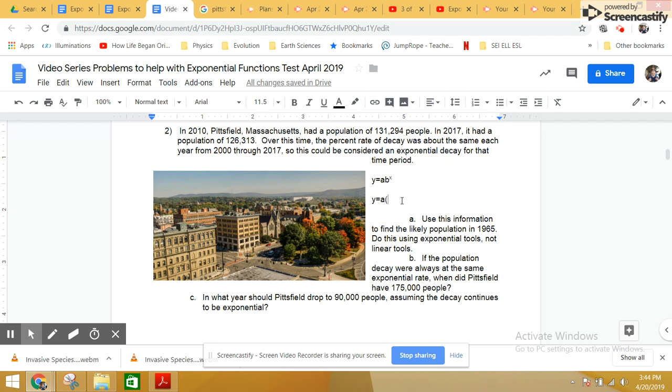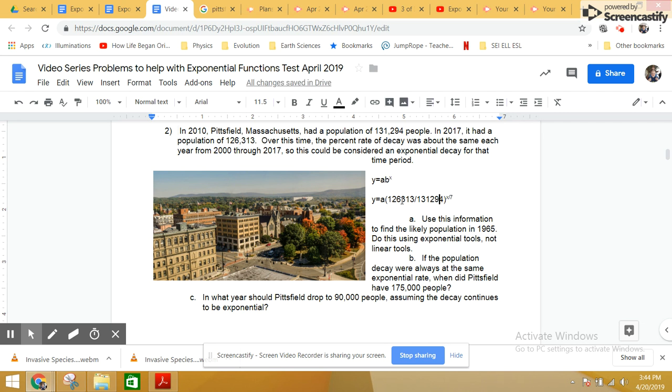So that's going to be 126,313 divided by 131,294, and then we're going to raise it to x over 7, since we split 2010 to 2017 into 7 pieces.